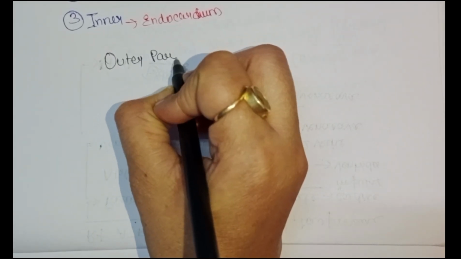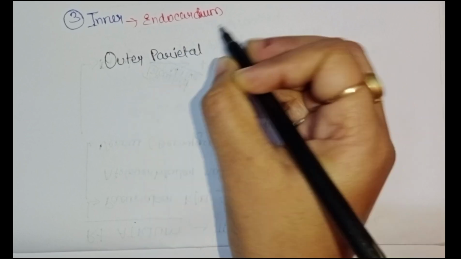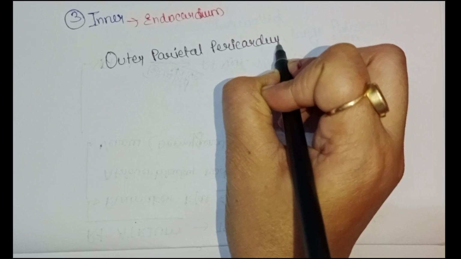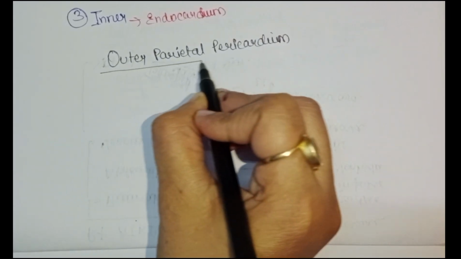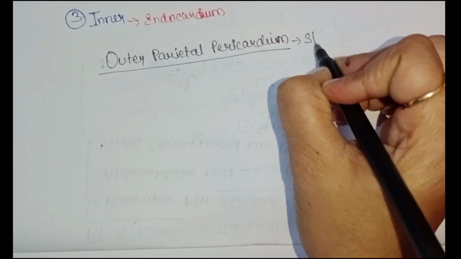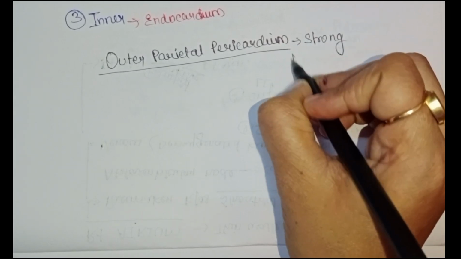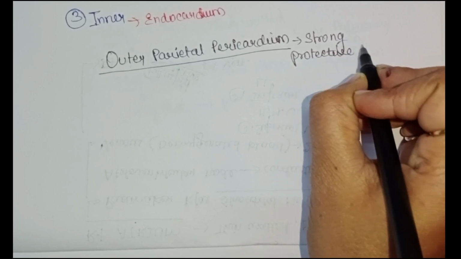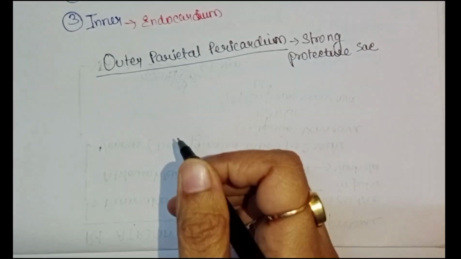Outer parietal pericardium forms the strong protective sac for the heart.